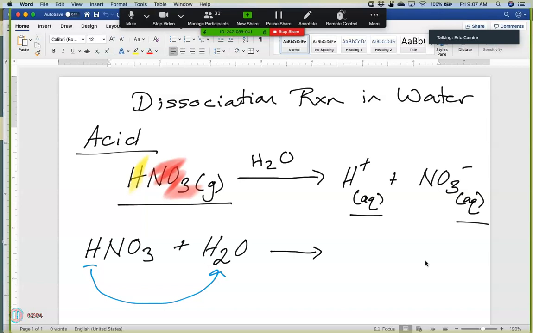That's going to leave us with our NO3-. So we effectively get the same anion. Let me actually put them underneath each other. We get the same anion, but the way we're going to write that second product, the cation, is going to be in the form of hydronium.